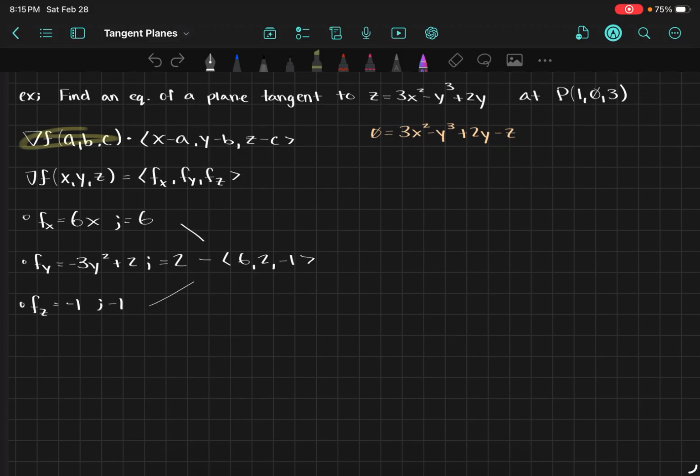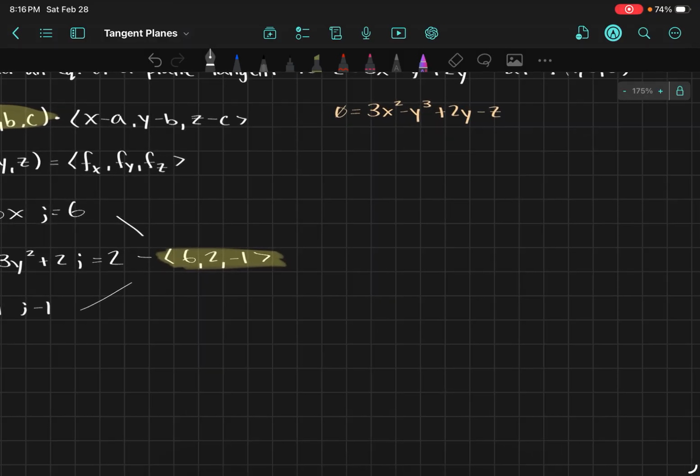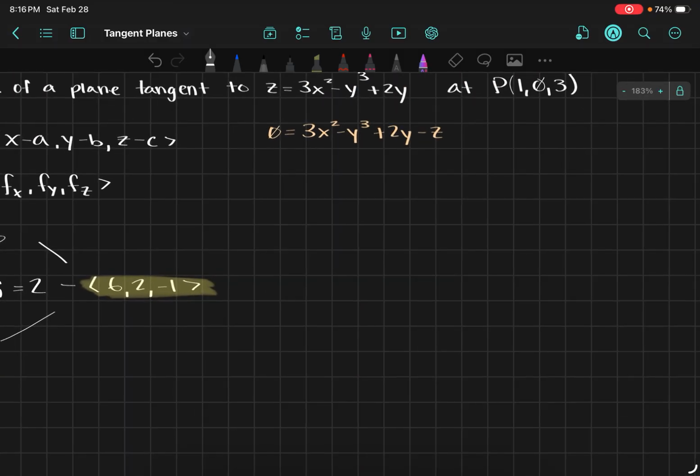Let's highlight it. And our x minus a, our other vector, is pretty simple to do. All we're plugging in is our (1, 0, 3) into our a, b, and c. This is just going to be the dot product. Let's call it some vector n.